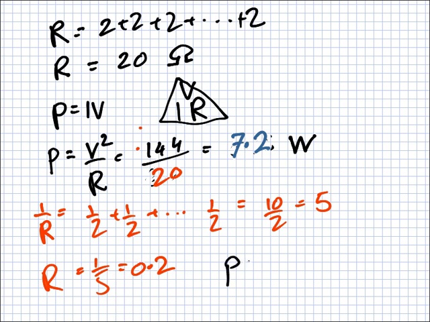So now the power would be 144 over 0.2, right? 720. I hope so. Yeah. Yeah? Yeah. Cool.